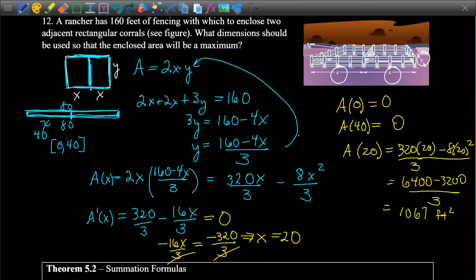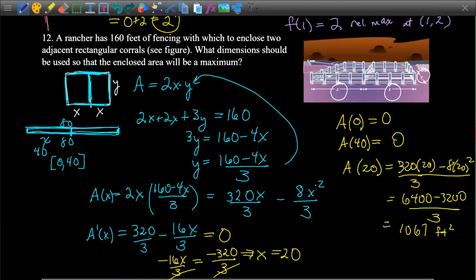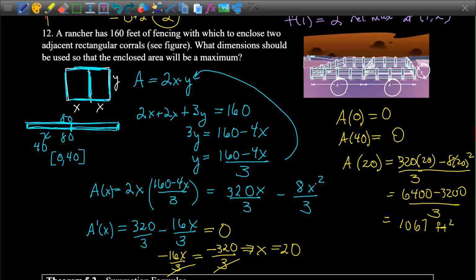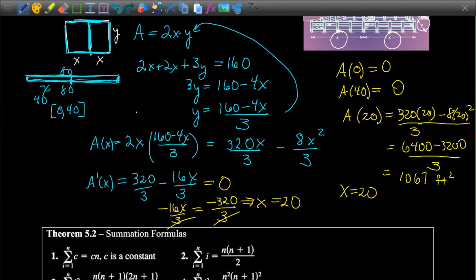Now, actually, that's not even asked for. Let's just read the question again. What dimensions should be used so that the enclosed area will be a maximum? So we found what the actual maximum is going to be, and the dimensions for that are going to be, we'll say that x is 20. And then we can put that in here and get our y.